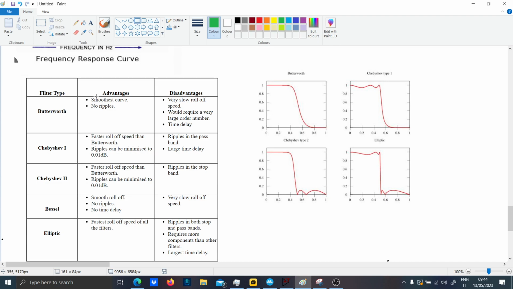As I reported here in the table, the Butterworth has a smooth curve and has no ripple in the passband, as does the Bessel. You should use these two types of filters, as you can see here. Butterworth. Okay, I forgot to put the Bessel, but you should use these two types of filters.